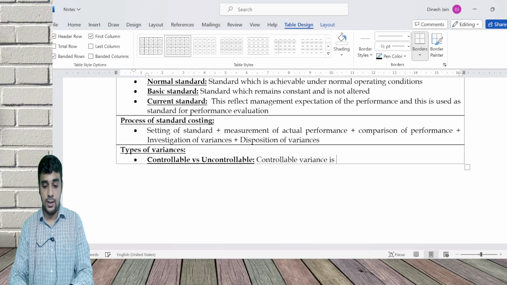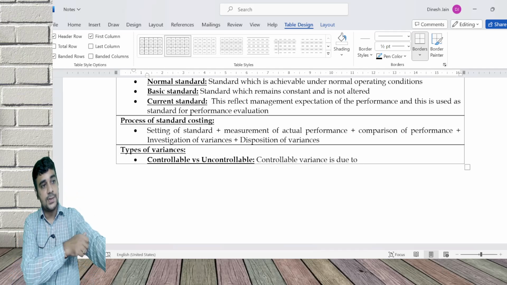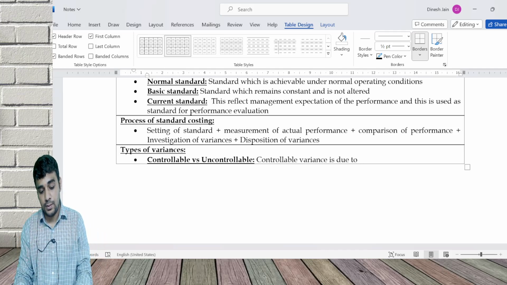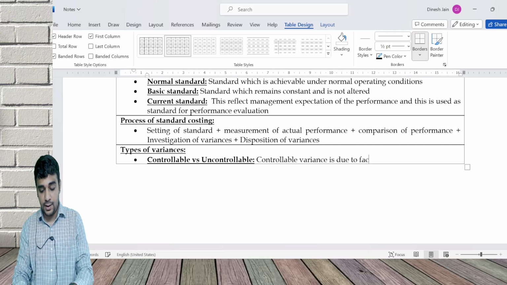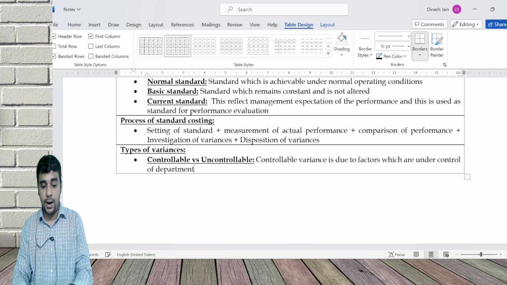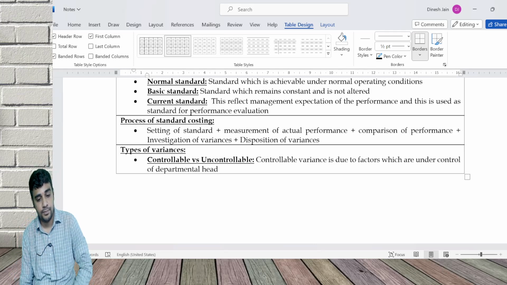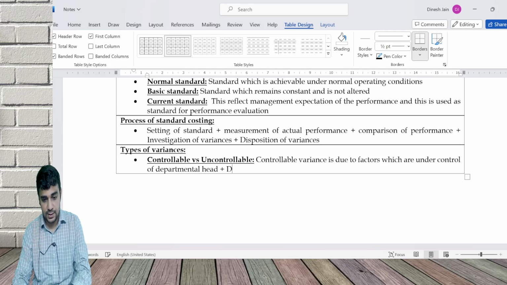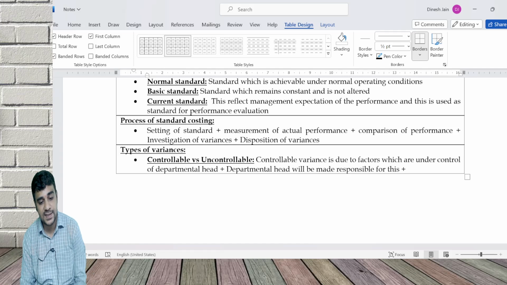Controllable variance is due to factors which are under control of the departmental head, plus the departmental head will be made responsible for this.